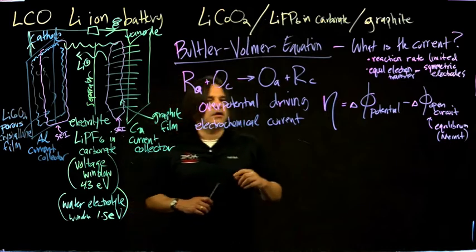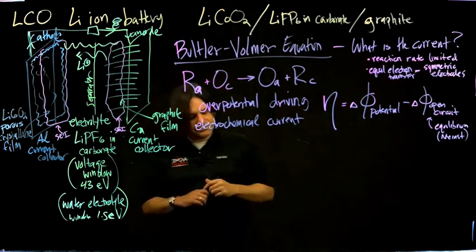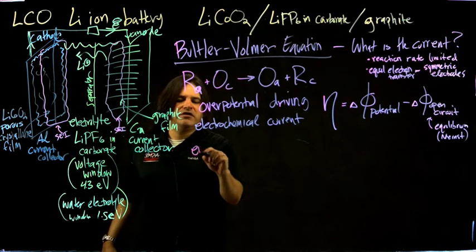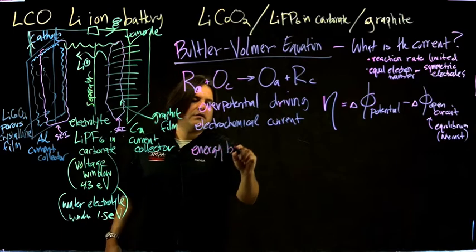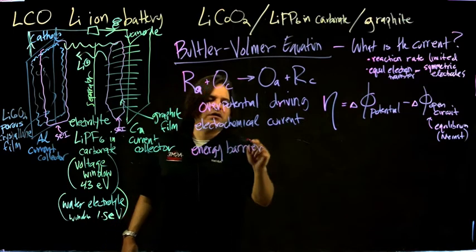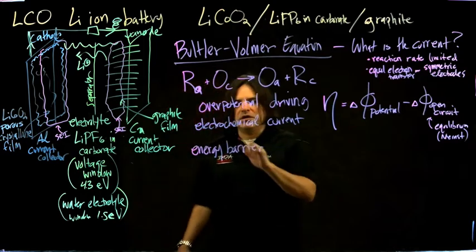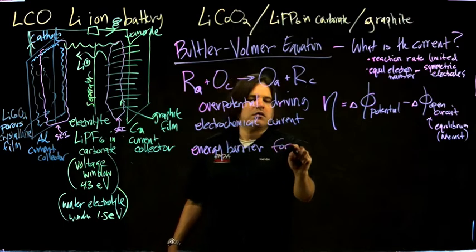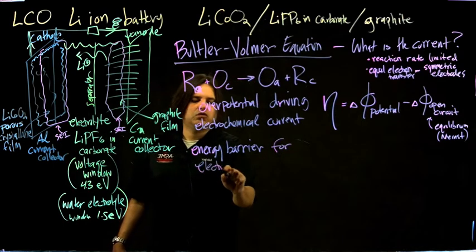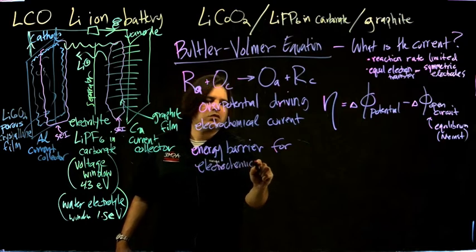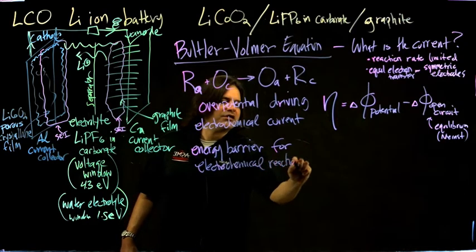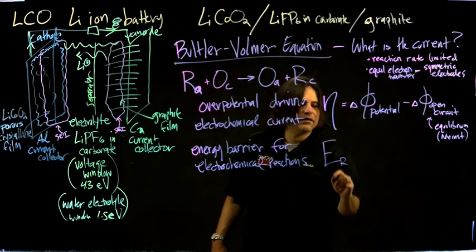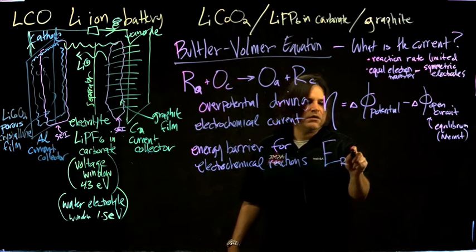And then when you're doing this reaction, there's an energy barrier to overcome. The energy barrier is just like the activation energy in standard chemical reactions. An energy barrier for electrochemical reactions would be E. Let's say for the anode, it will be ER.